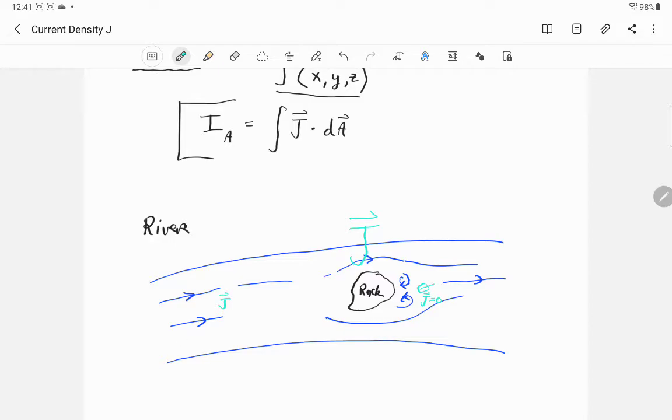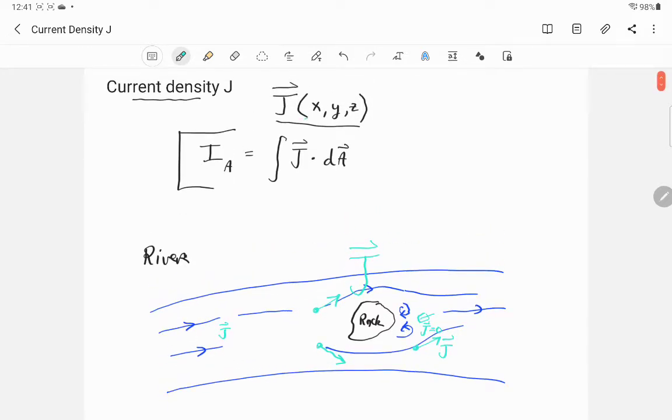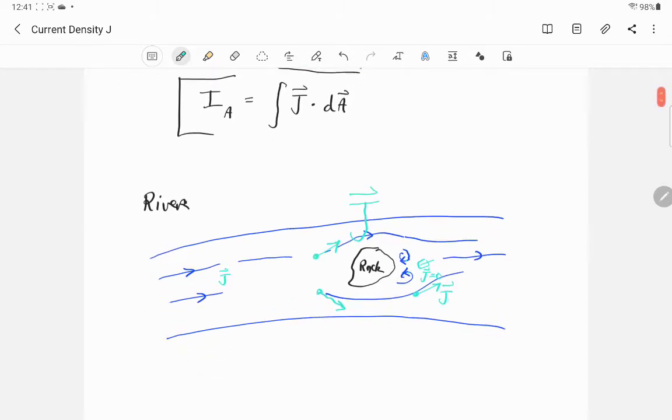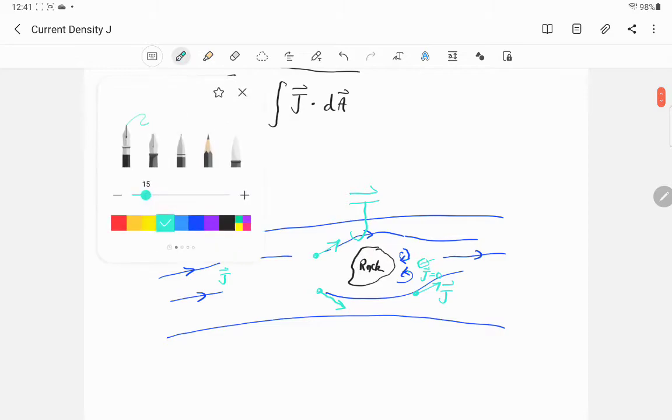And more than that, the flow here might be in this direction, and the flow here can be in this direction, and the flow here can be in this direction. So the value of the current flow is different at different places, including having value 0, including going backwards to the main current flow.